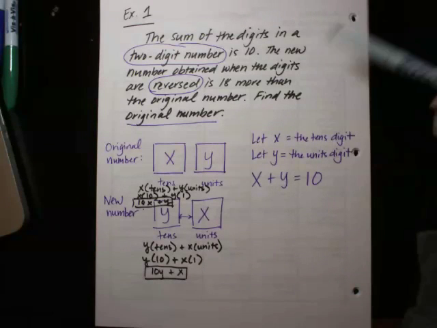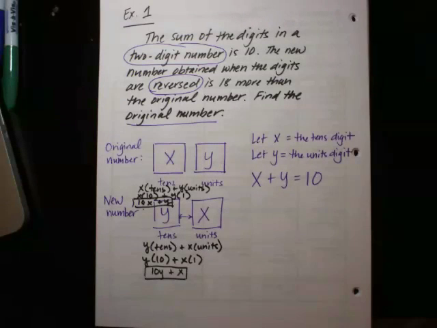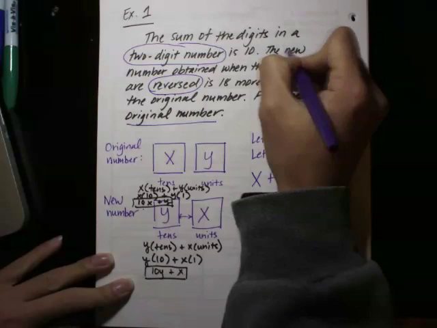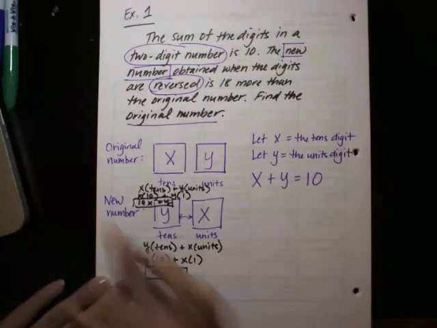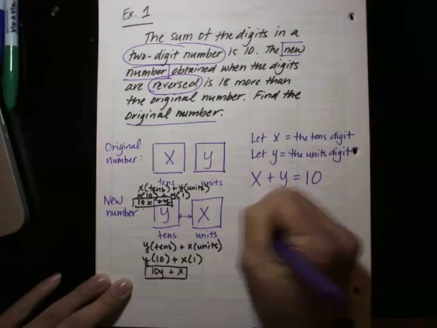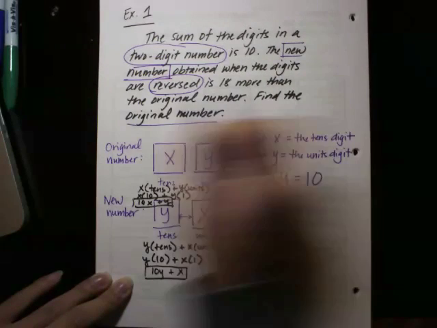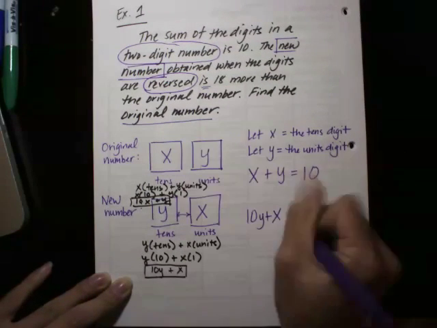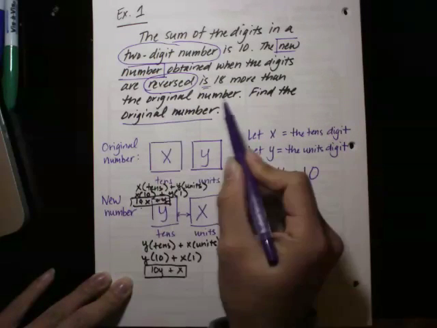Let's read again. The new number obtained, I'm going to underline that value, because the new number, our new number here is 10y plus x when the digits are reversed equals 18 more than the original number.